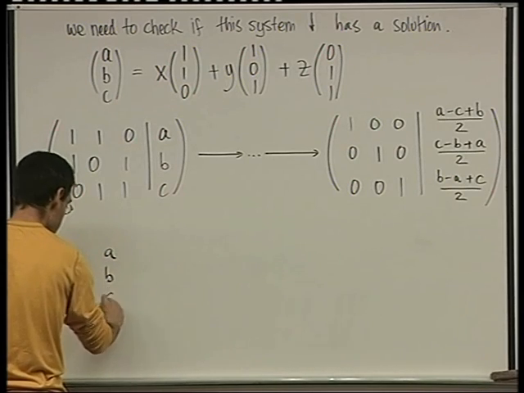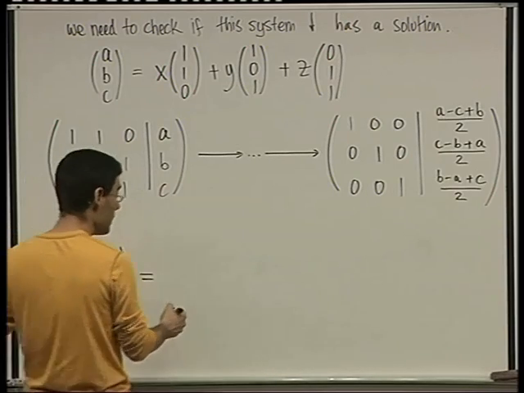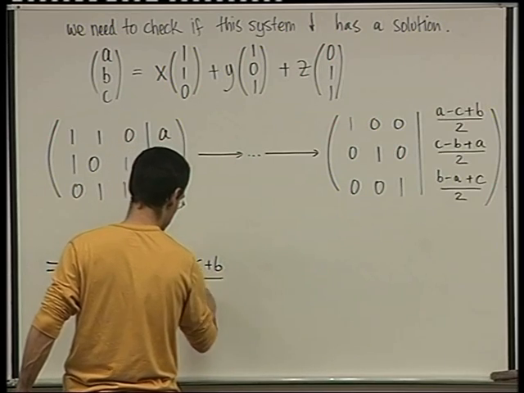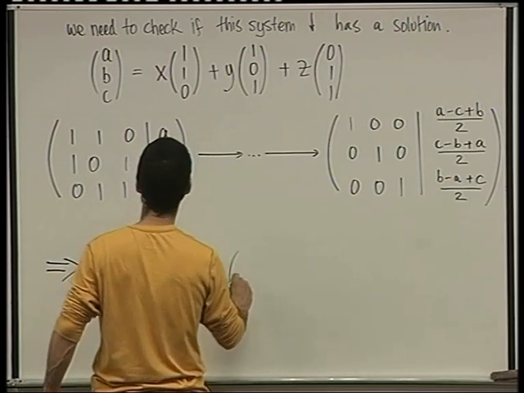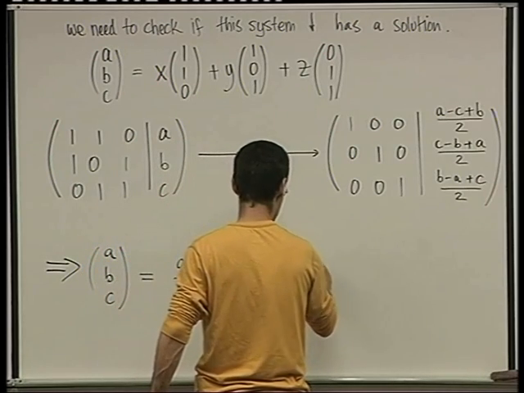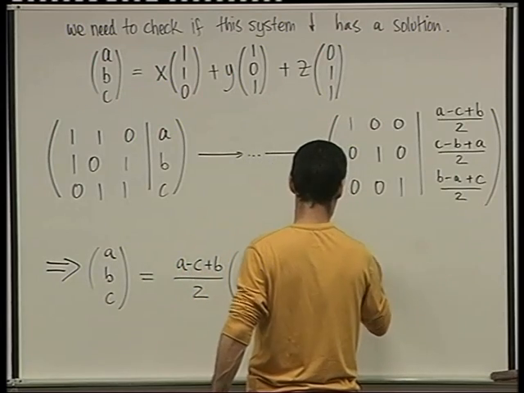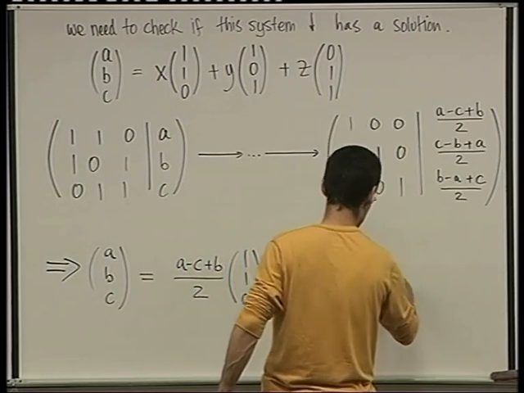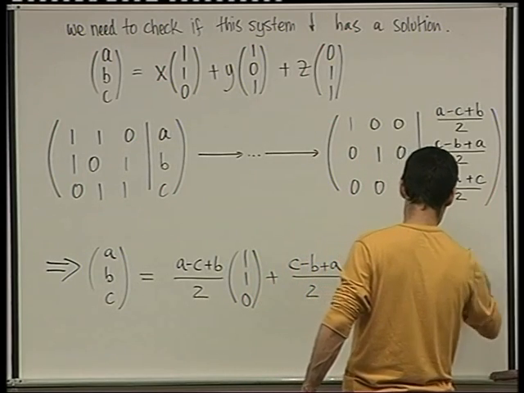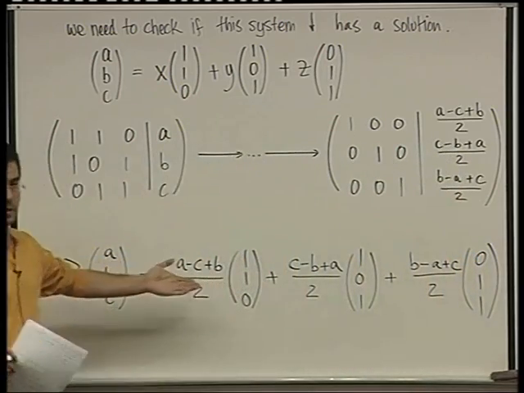Okay? So, conclusion: (a, b, c), any general vector in R3, can be written as (a minus c plus b) divided by 2 times (1, 1, 0) plus (c minus b plus a) divided by 2 times (1, 0, 1) plus (b minus a plus c) divided by 2 times (0, 1, 1). And you can easily verify this. Okay?